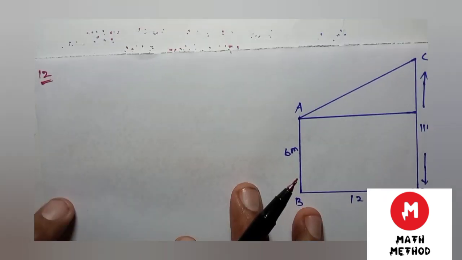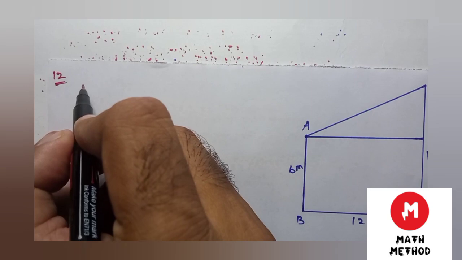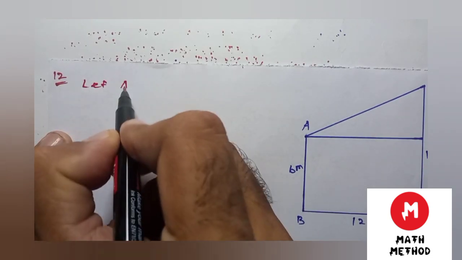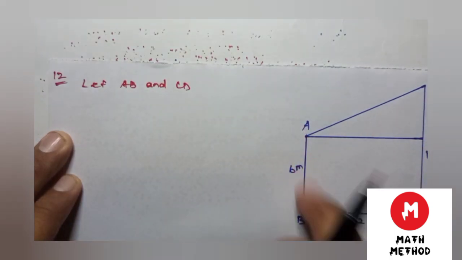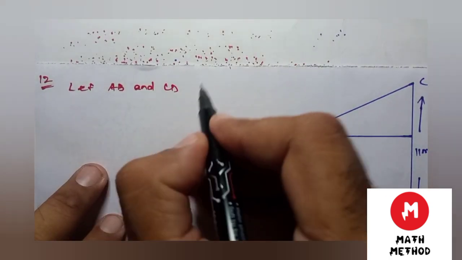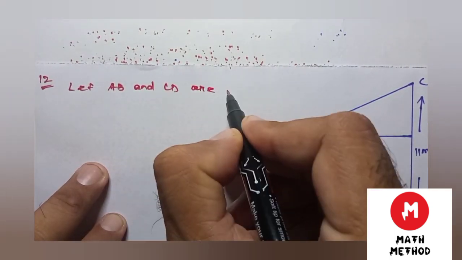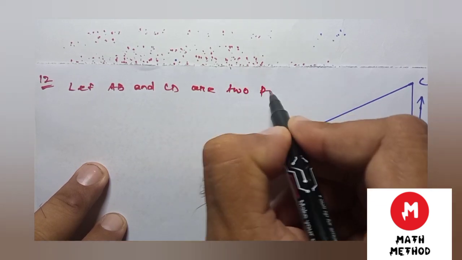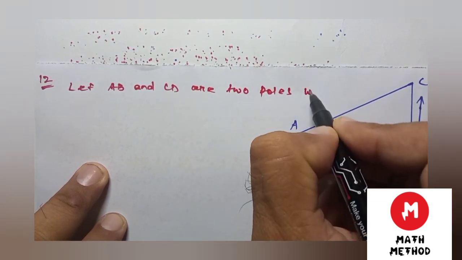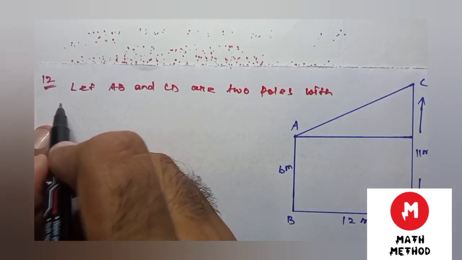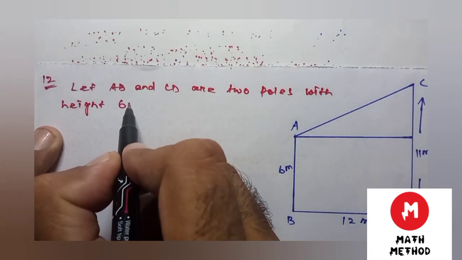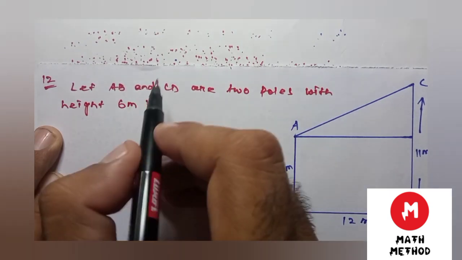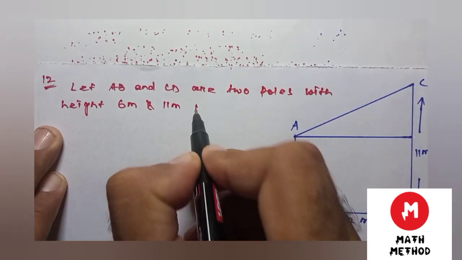Now let AB and CD be two poles with height 6 meters and 11 meters respectively.